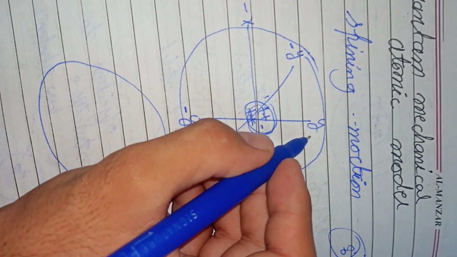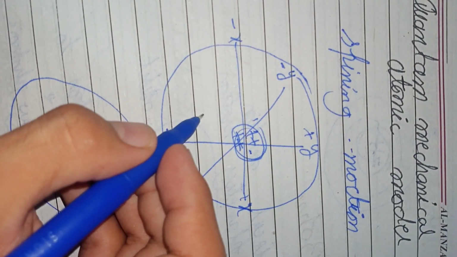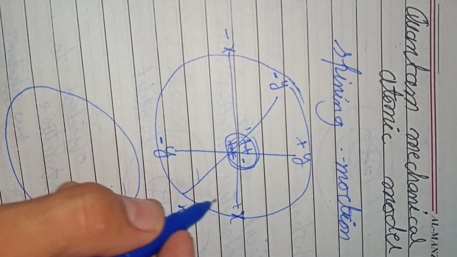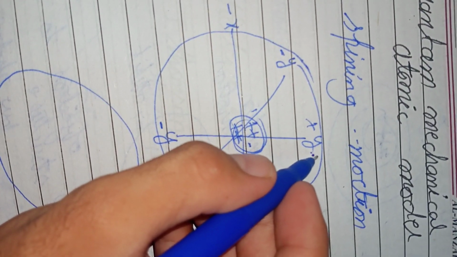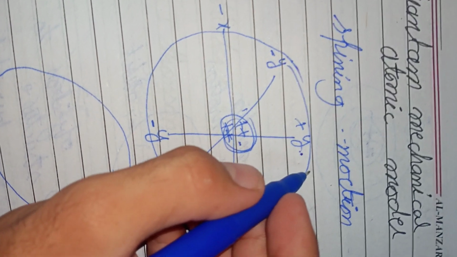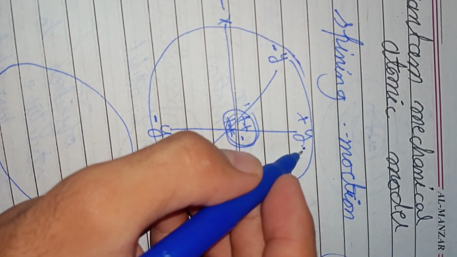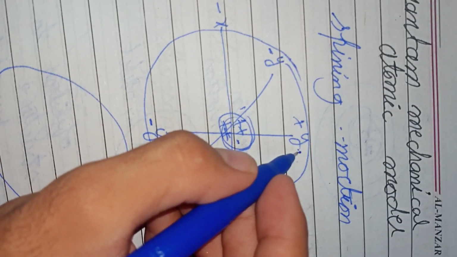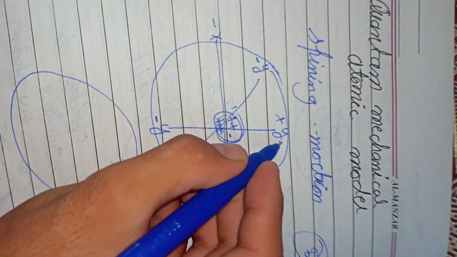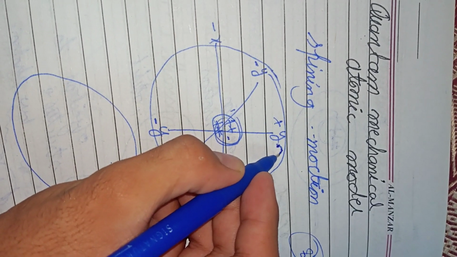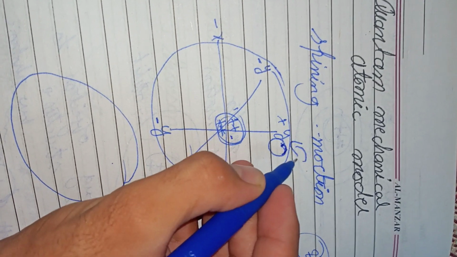So it is positive y, negative y, positive x and negative x. When we go anti-clockwise, we will always get positive. So on the positive side, if the electron is here, it will be rotating like this, anti-clockwise. Also, there the electron will be rotating in this position.